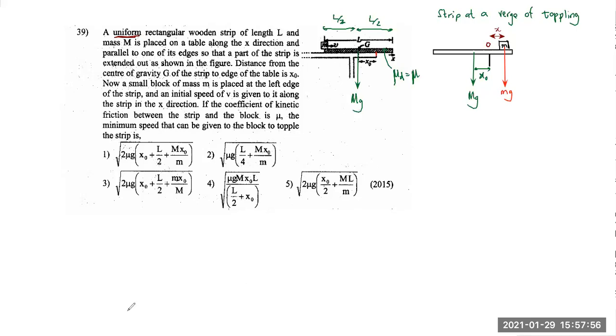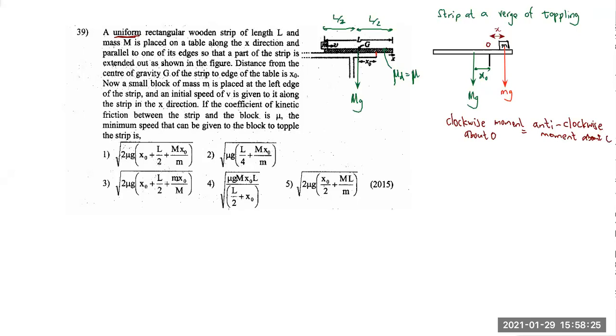So you can see moment theory can be applied. The strip is at the verge of toppling. So you can say clockwise moment about O should be equal to anti-clockwise moment about O. Right, so what is the clockwise moment about O?